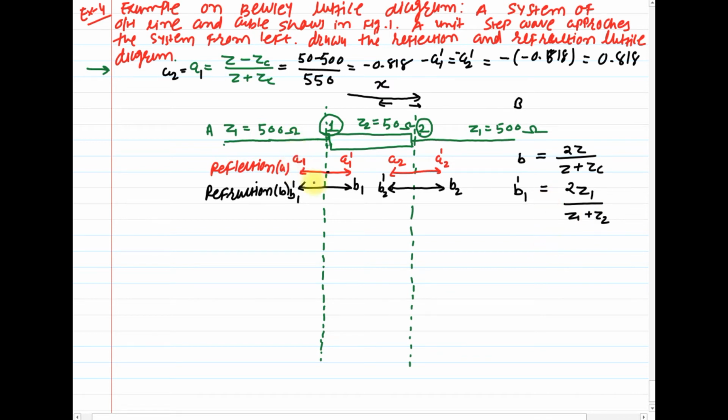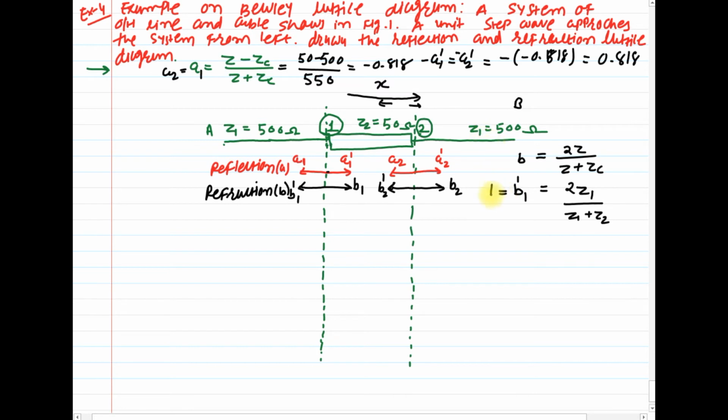Clear? I will explain again. Here I have written the generalized equation of the refraction coefficient. Now here we have to select the value of the numerator z, and for that we have to select the surge impedance on which this traveling wave travels. In the same way I can write for b2, as b2 travels on this transmission line with the surge impedance of z1.